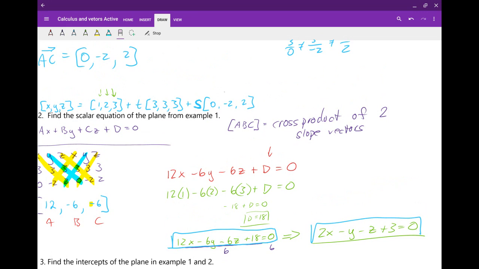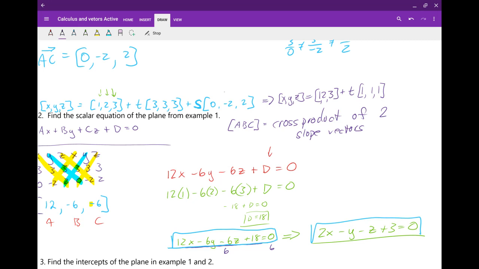This plane over here, I'll take this as an opportunity. This plane is actually equal to the x, y, z equals the 1, 2, 3. So this vector can't be reduced, plus t. The 3, 3, 3 vector is equal to the 1, 1, 1 vector. Okay.